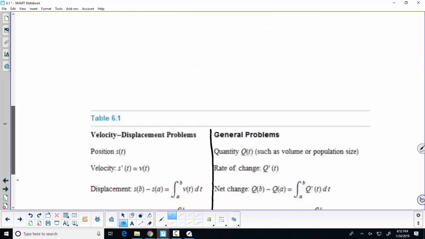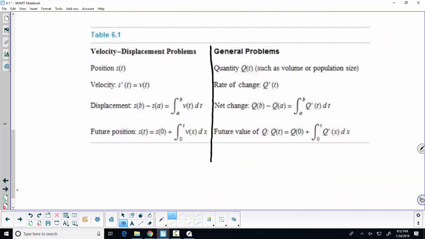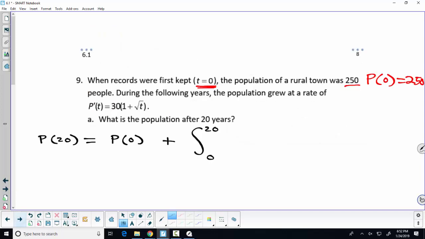So again, the generic formula that we're looking at here is we're after the population, so we want the initial population and the antiderivative of its growth rate. Here we don't need a dummy variable because we don't have a variable in the upper bound.